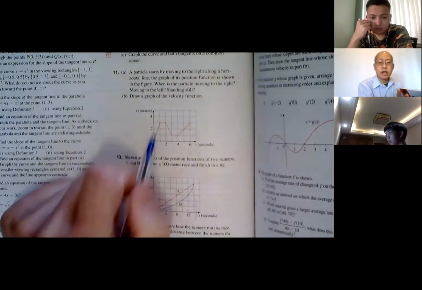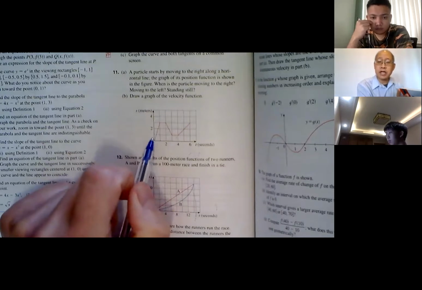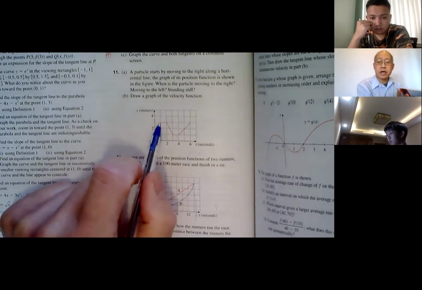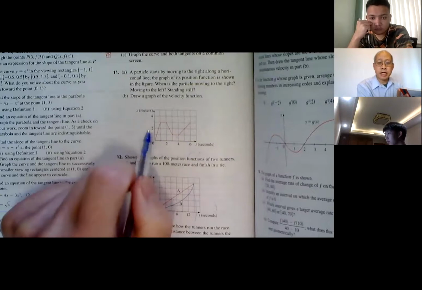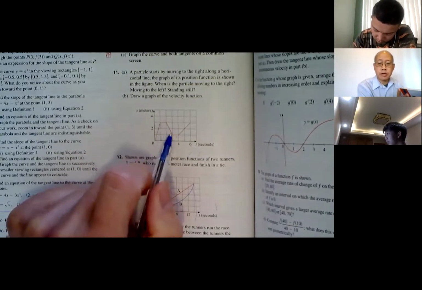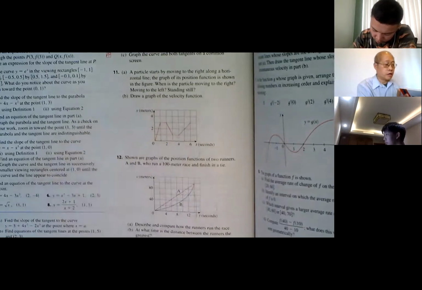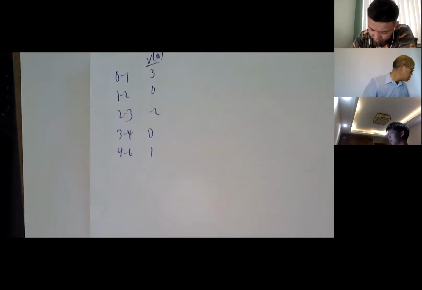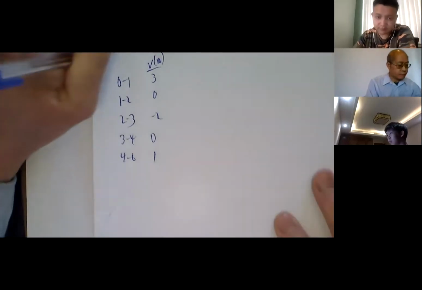Between 0 and 1, slope is 3, i.e. velocity is 3, because velocity is delta y over delta x, meters per second. Between 1 and 2, slope is 0. And then between 2 and 3, -2, 0, and 1. Okay, so now the task is to graph this thing. Okay, so this is problem number 11.